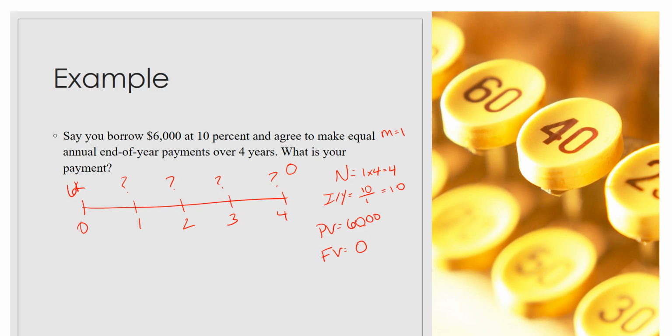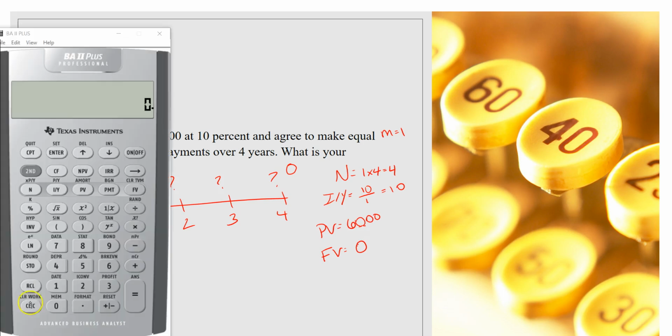So let's calculate our payment. So our first step is to clear a time value of money. We have 4 periods, 10% periodic rates. We're borrowing $6,000, and we're going to pay that off. So let's compute the payment. We have $1,892.82.